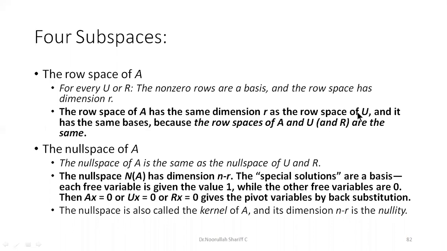The row space of R also has the same basis, because the row spaces of A, U, and R are the same, and that is nothing but the column space of A transpose. The method is the same as for the column space, only you take A transpose and find its column space, which will be the row space.